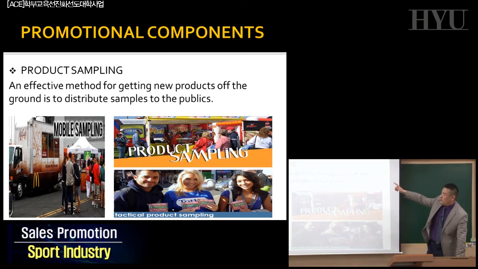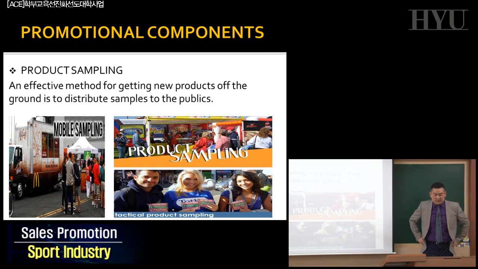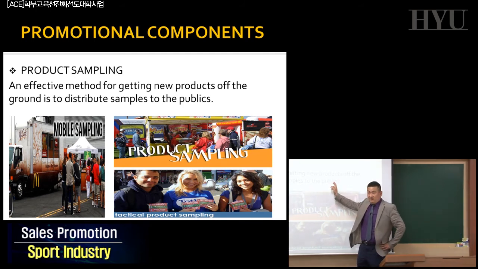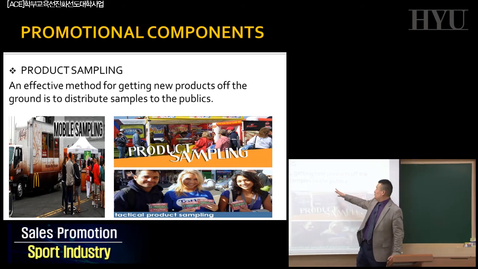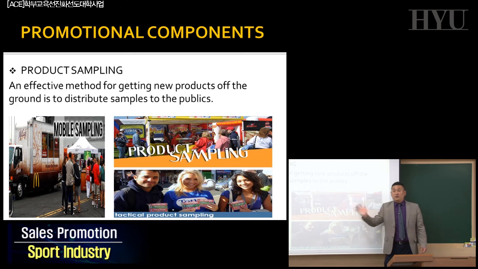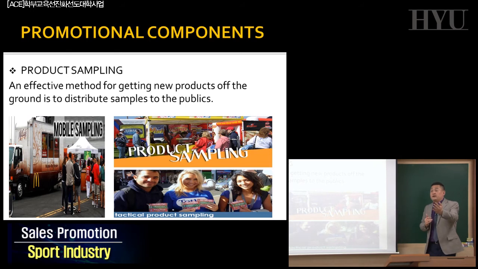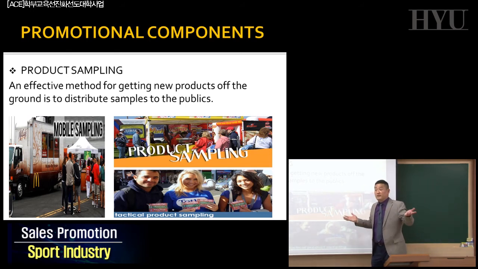Product sampling is an effective method for getting new products off the ground: distribute free samples to the public, without any cost. The people do have the chance to try any kind of new industry product by themselves.